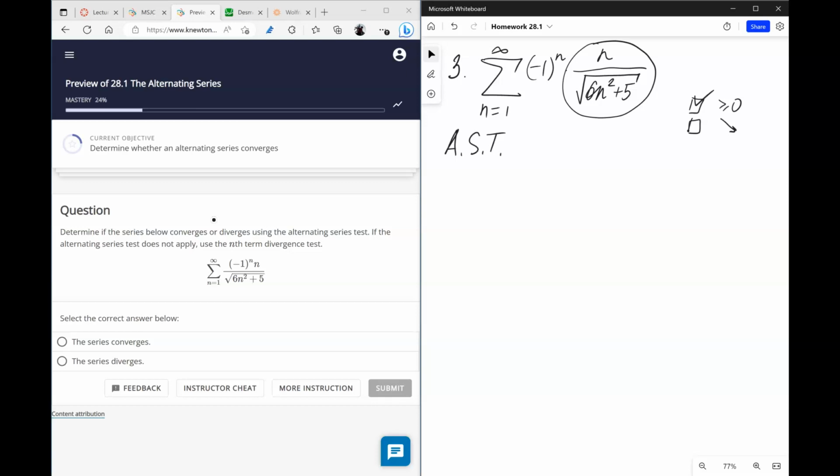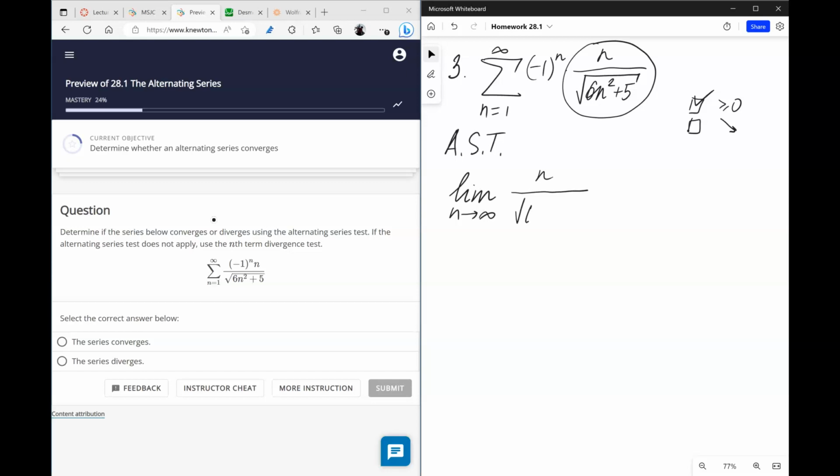If it's not going to 0, then A, the alternating series test cannot be applied, and B, it will be diverging by the divergence test. So again, those two are related closely in this case.